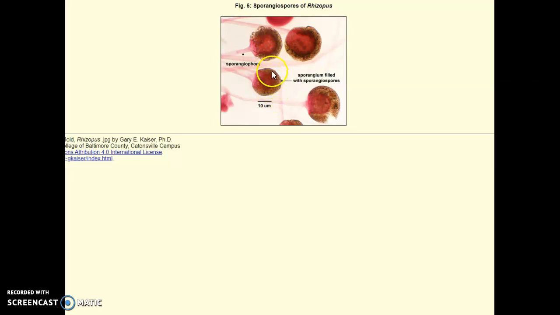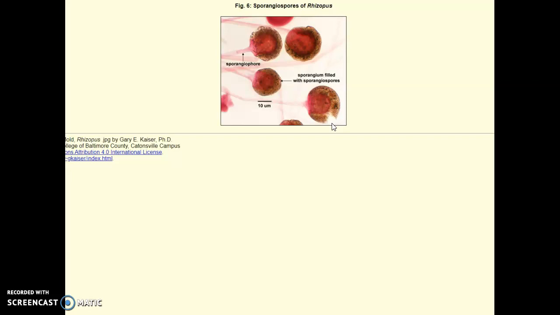So all of these little dots that you see within here. On this particular sporangium, we can see that it's about to rupture, and so all of these spores then would be released into the atmosphere. So they're not just sitting there loose like they are on the Penicillium mold that we just saw. They are actually contained within a sac.